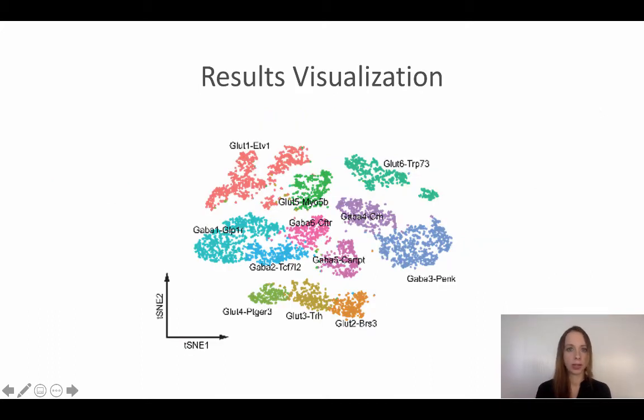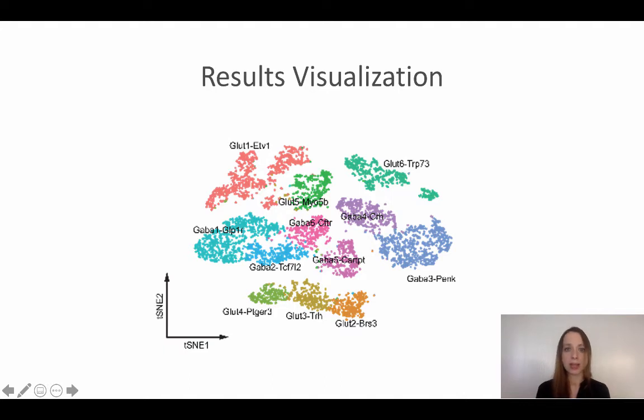At this point, our data is still in a 15 or so dimensional space. So to visualize the results in a two-dimensional space, we're using a t-SNE embedding, or t-distributed stochastic neighbor embedding. This is a nonlinear dimensionality reduction algorithm that projects cells from the principal component space into two dimensions such that similar objects are modeled by nearby points and dissimilar objects are modeled by distant points with high probability.